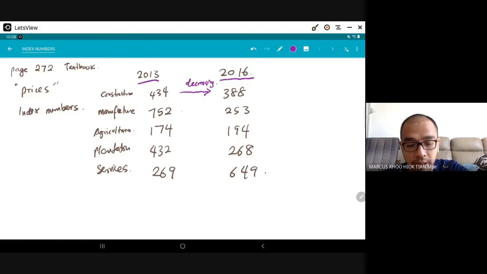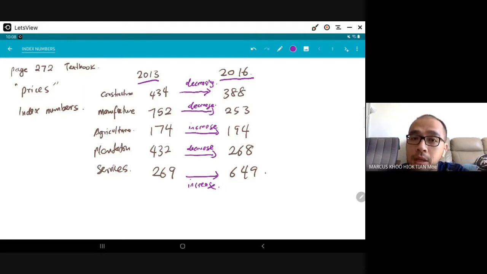Same thing, manufacture also decreased. The one that increased is agriculture. See, 174 changed to 194. Plantation also decreased. And services is the one that gained the most. It is an increase.